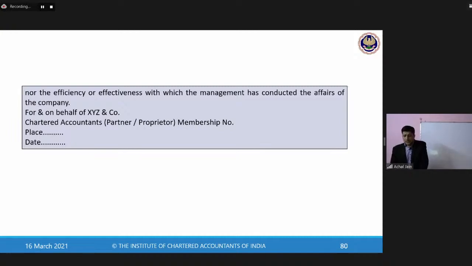Okay, then of course the auditor will be required to sign it off, specifying the name of the firm, name of the member, membership number, place, date, and this being an attestation document, this will also require UDIN to be placed on this. As I have told you that UDIN is now required to be placed on each and every attestation document, and this being an attestation document, this will also require a UDIN to be mentioned.